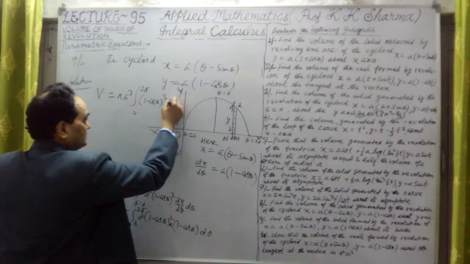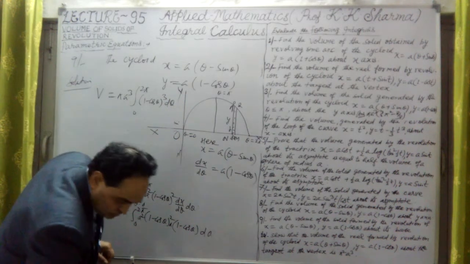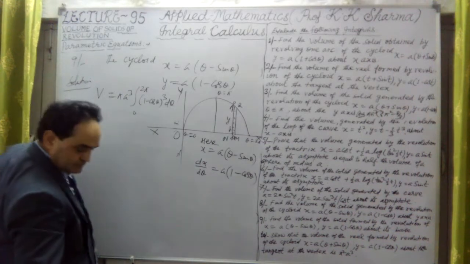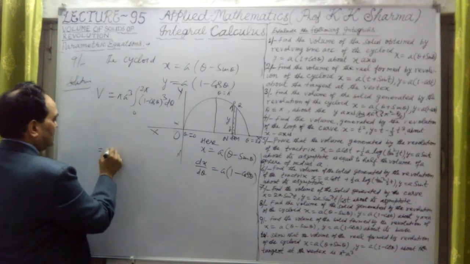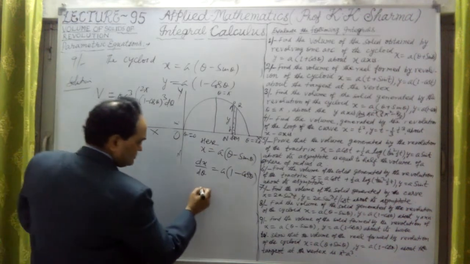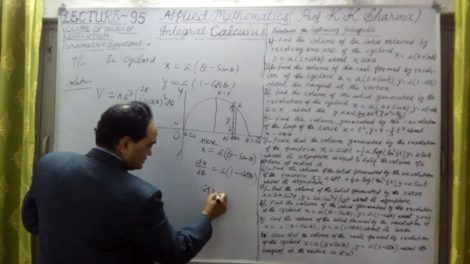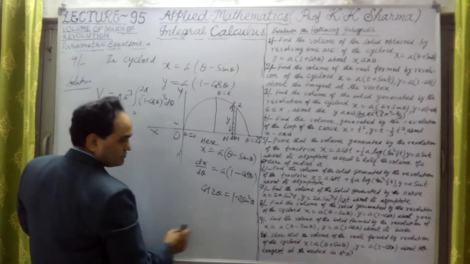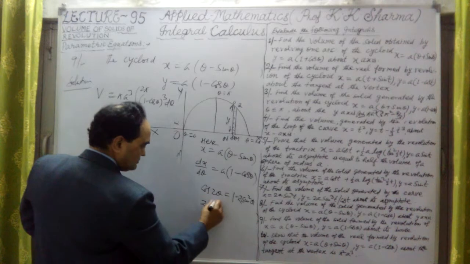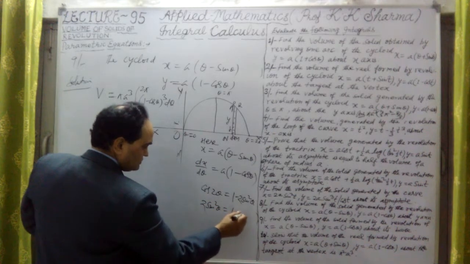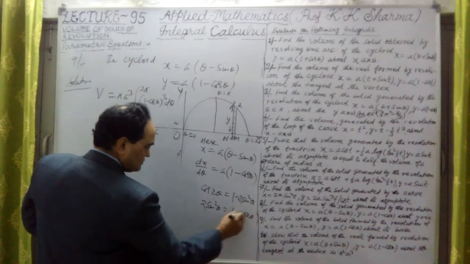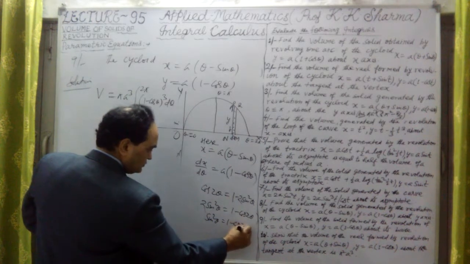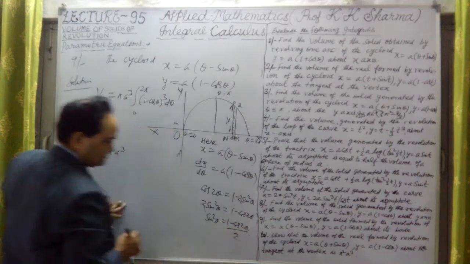This is d theta. What is 1 minus cos theta? We know about it. Let me now solve it easily. This is pi a cube. You know that cos 2 theta is equal to 1 minus 2 sin square theta. Therefore 2 sin square theta is equal to 1 minus cos 2 theta, or sin square theta is equal to 1 minus cos 2 theta upon 2.